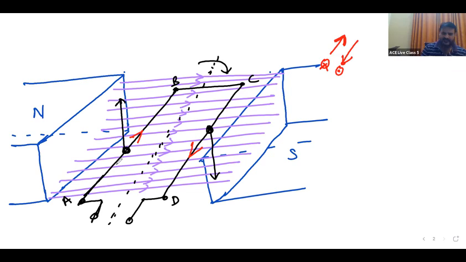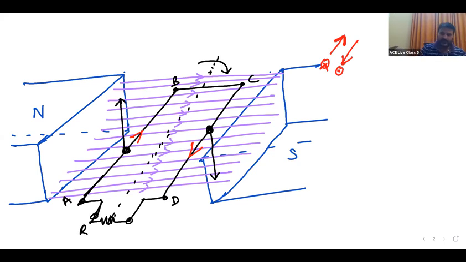So in this coil, in AB the direction of the current is A to B. Here it is C to D. If you connect a load here, for example, I am connecting a resistive load R across the coil.